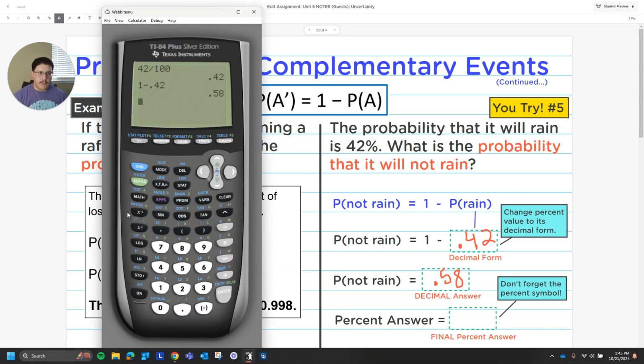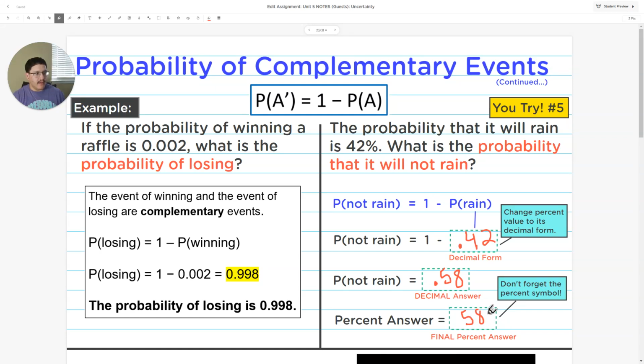I want the percent form, so take your answer, multiply by 100, and we have 58%. So there's a 42% chance it will rain, but then there's also a 58% chance that it will not rain in the area.